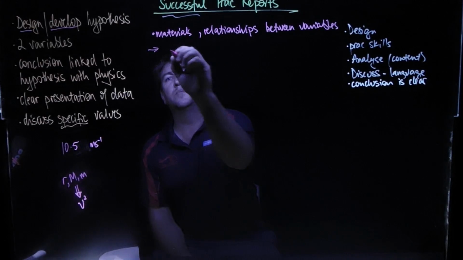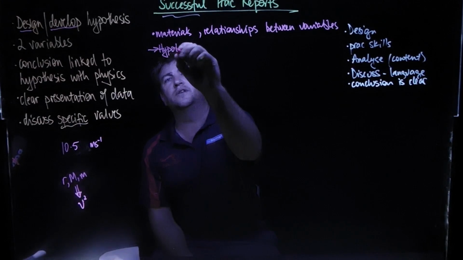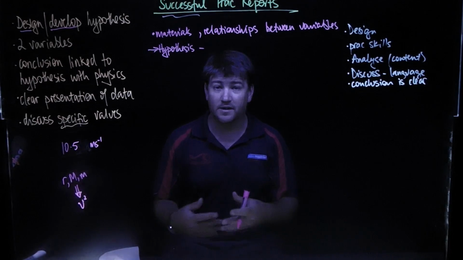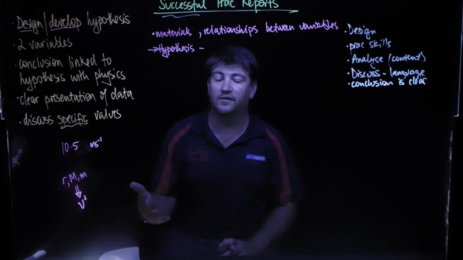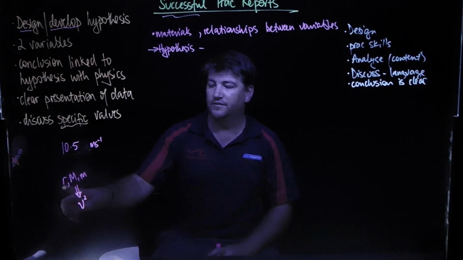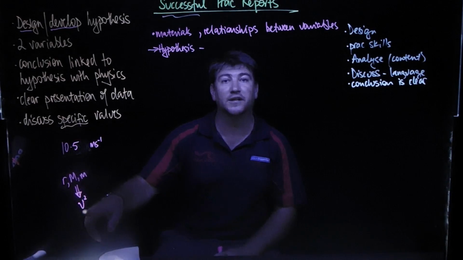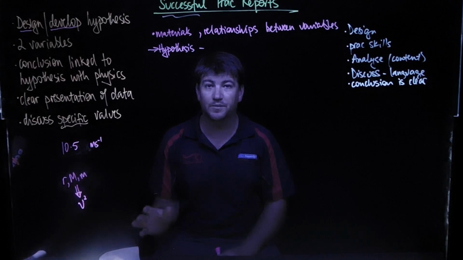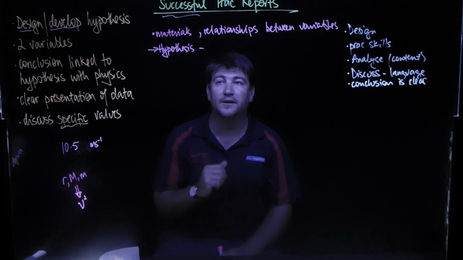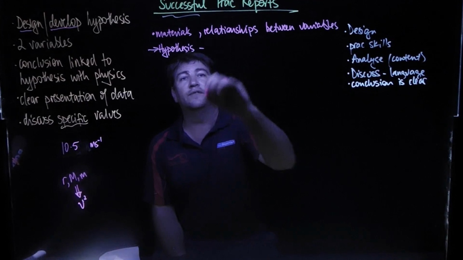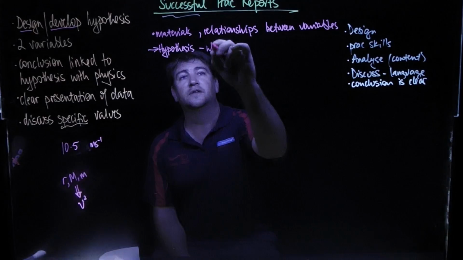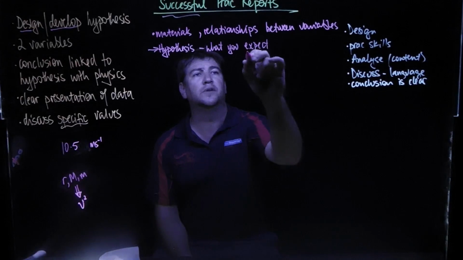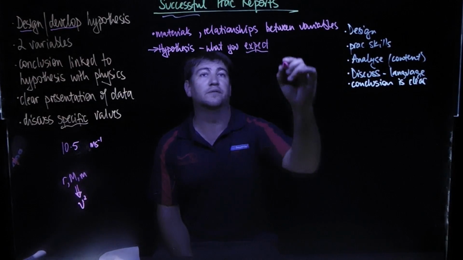So when you're making your hypothesis, what you should be doing is manipulating some apparatus, or saying something along the lines of it is expected that should the radius change, the speed squared will change in proportion because blah blah blah. It is expected the relationship will be linear because blah blah blah. Alright, so you need to have your hypothesis, what you expect, not think, because we're expecting it to happen because there is a relationship.